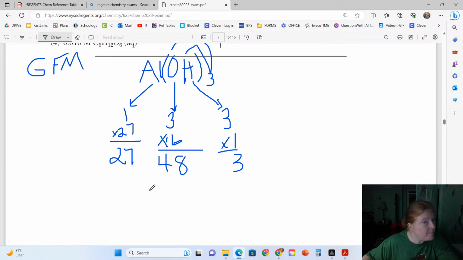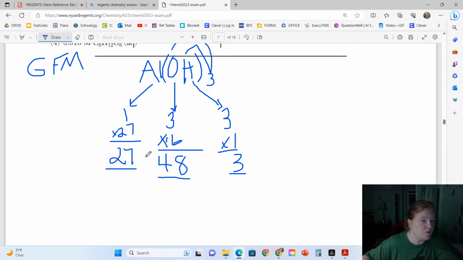So what that means is when I look at aluminum hydroxide, 27 grams of the mass come from aluminum, 48 grams of the mass come from oxygen, and 3 grams of the mass come from hydrogen.